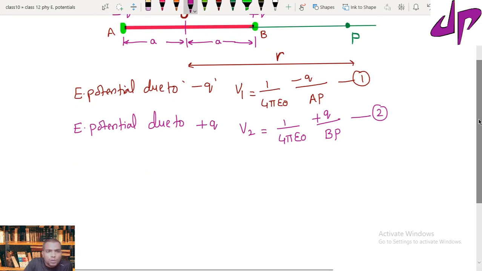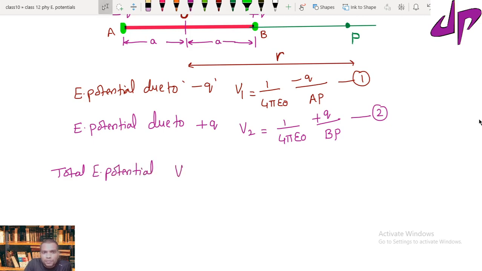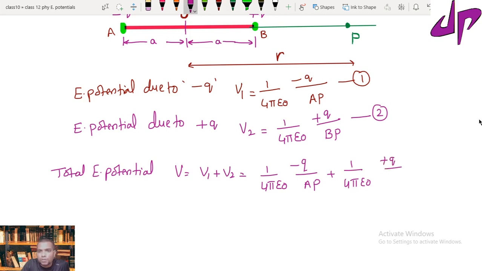And to get the total electric potential, I take V equal to V1 plus V2, so you can add up the above two expressions: V equals 1 over 4 pi epsilon naught of minus q upon AP, plus 1 over 4 pi epsilon naught of plus q upon BP.